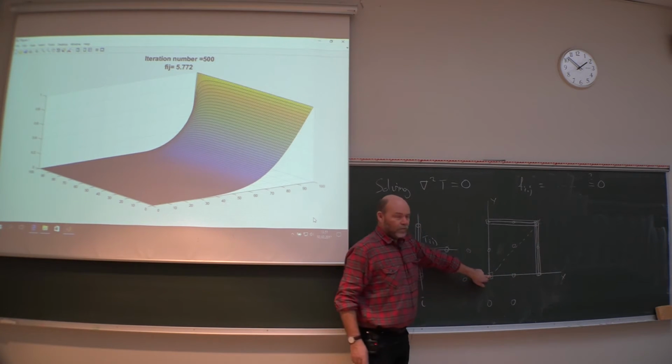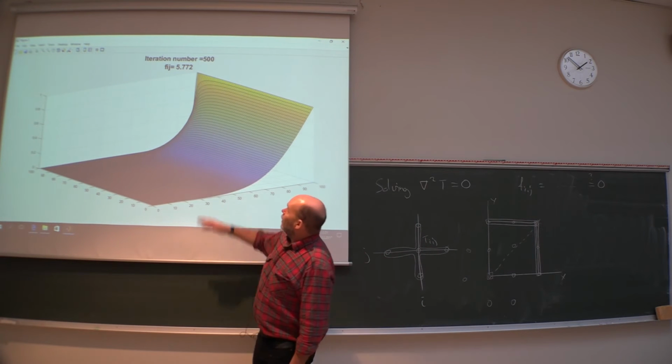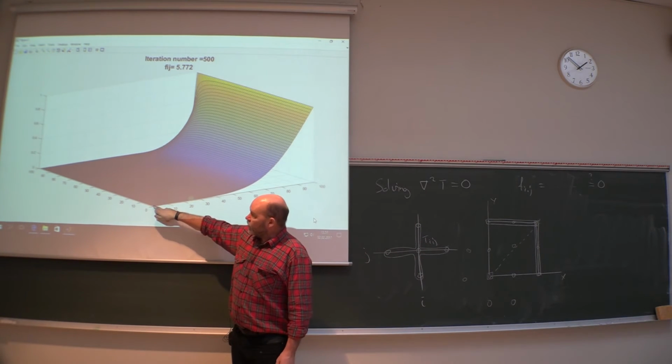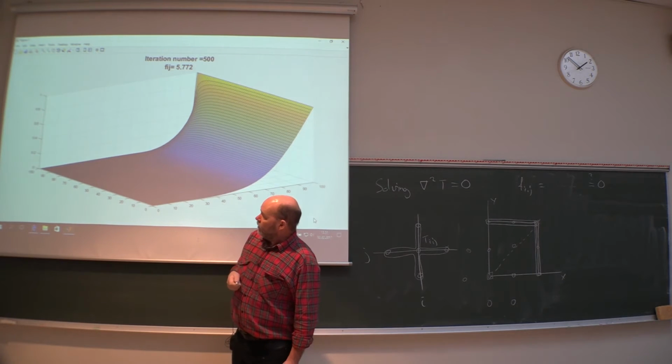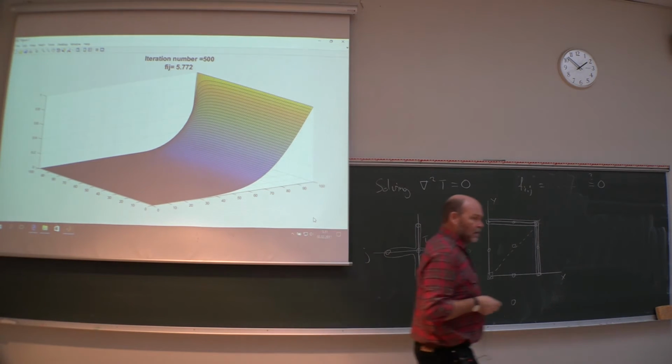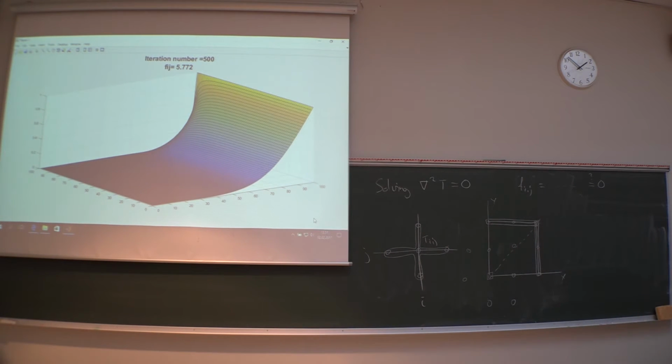So the temperature here should be 1/2. And after 500 iterations, it hasn't even started moving the corner, fairly big. So this is going to take forever. You could have continued with thousands, 10,000s of iterations. Yes, that's possible, but it's going to take forever.